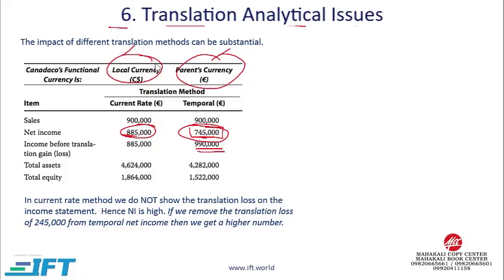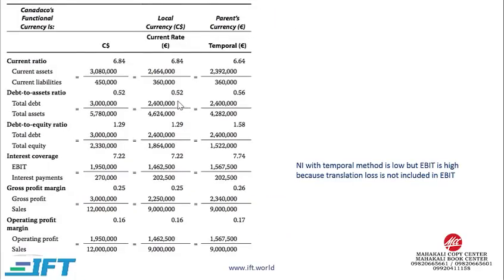From an exam perspective, you are quite likely to get a question that compares the impact of using the current rate method versus the temporal method. You are also likely to understand the impact on ratios.